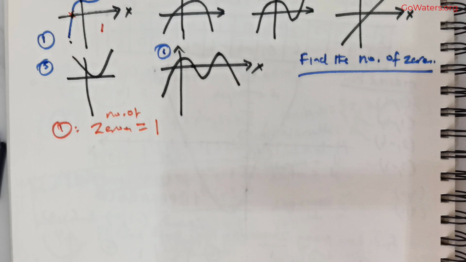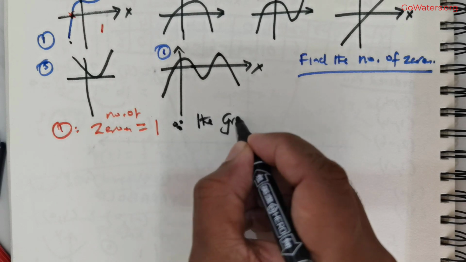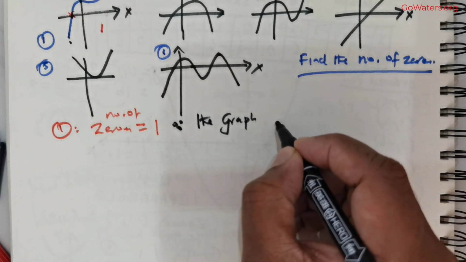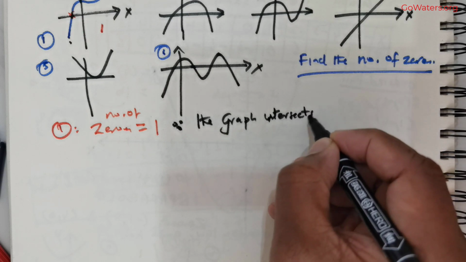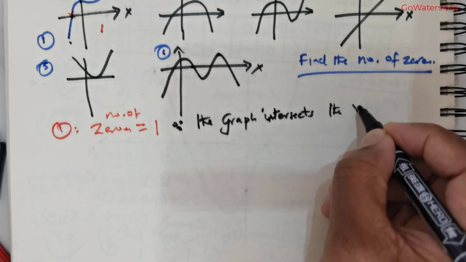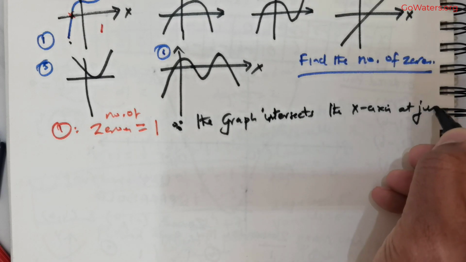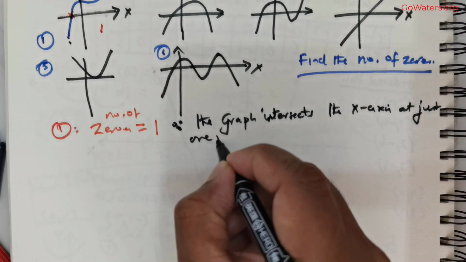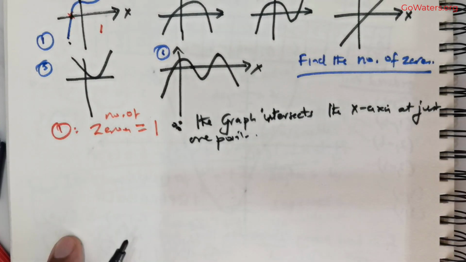They are asking you why. Simple. Your statement should be like this: since the graph intersects the x-axis at just 1 point. You follow me? This should be your explanation.